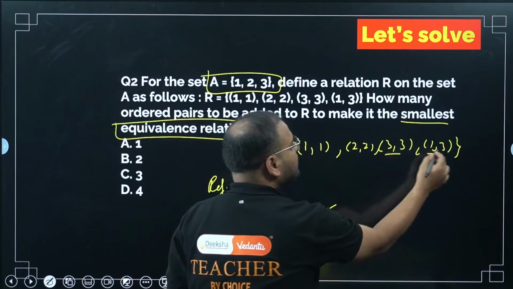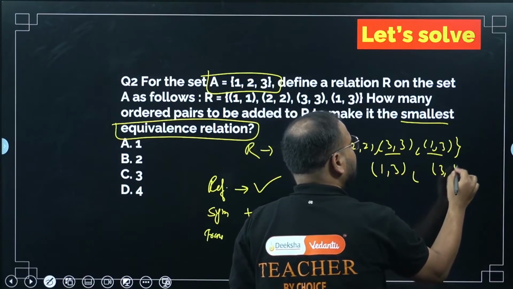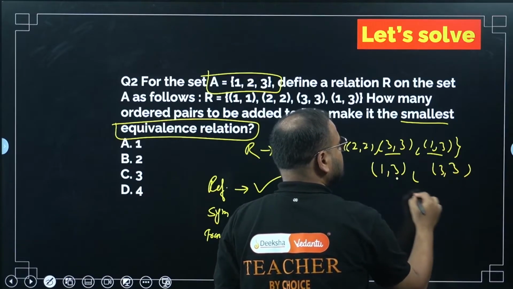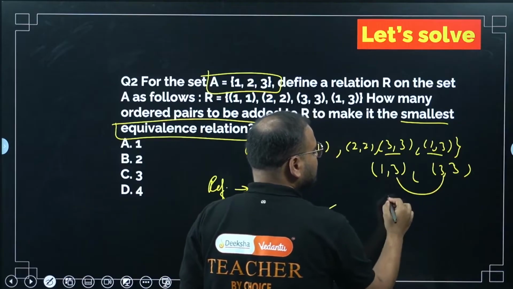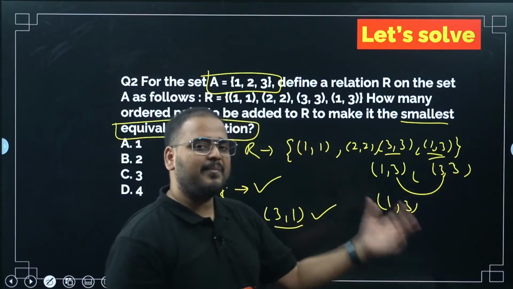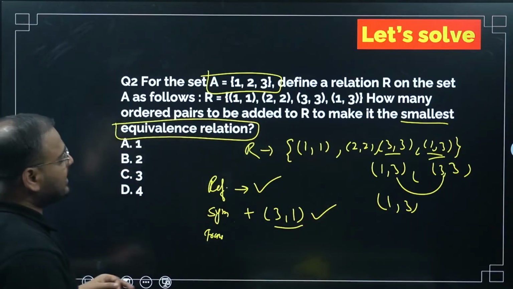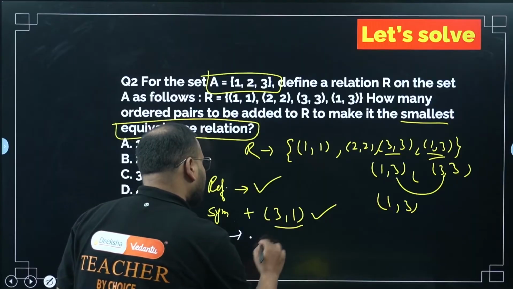Check (1,3) and (3,3). If I have (1,3) and (3,3), combine them. What is left? (1,3), which is already there. So directly it is transitive.